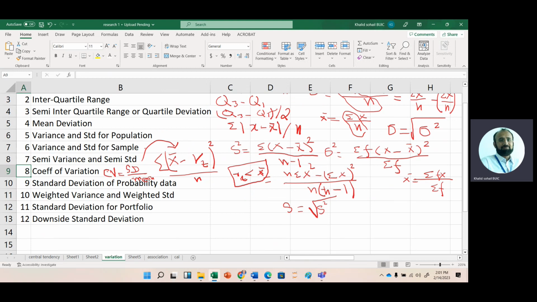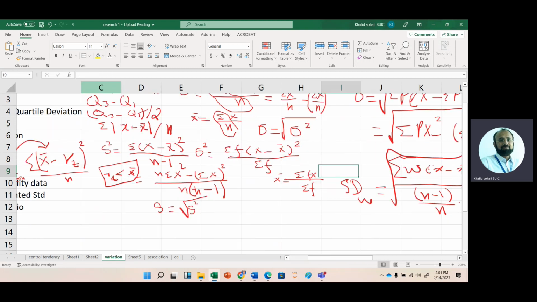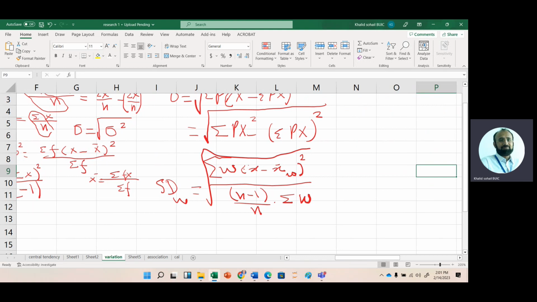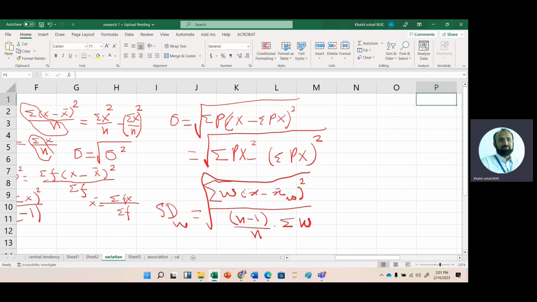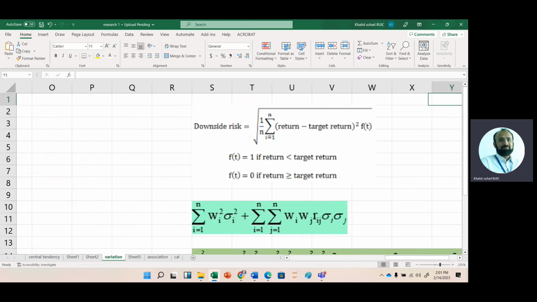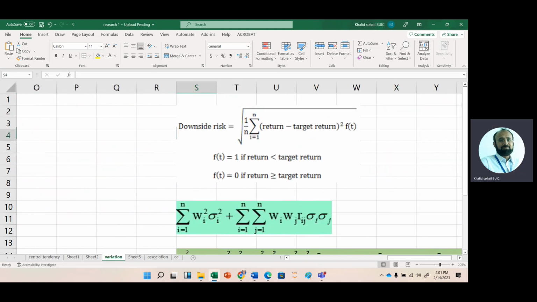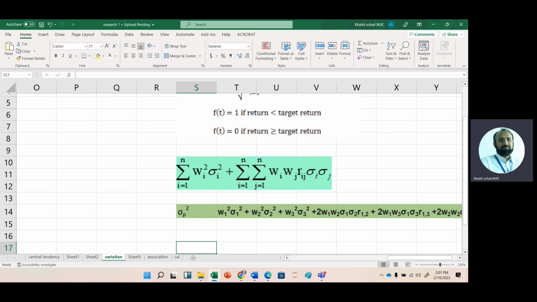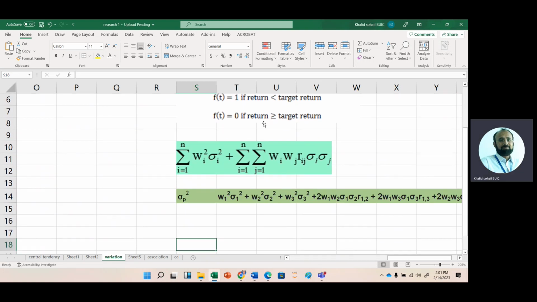Then we have the formula for standard deviation for a portfolio. For this purpose, I have uploaded a video on portfolio analysis, where you can get the calculation of this formula. Anyhow, we have a number of formulas, and you can use this formula as well.